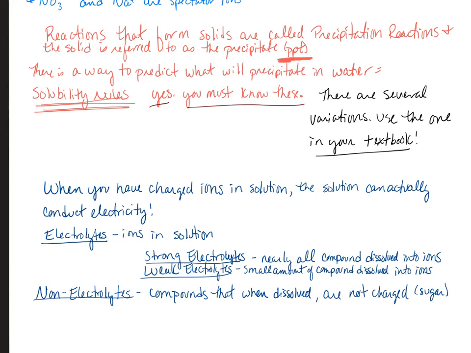There is a way to predict what will precipitate in water when you do those double displacement reactions, in other words, when you switch partners, and that comes from things called solubility rules. Every book has something slightly different. Yes, you have to know these. There are several variations. Use the one that's in your textbook. I don't care how you commit that to memory, commit it to memory, okay?